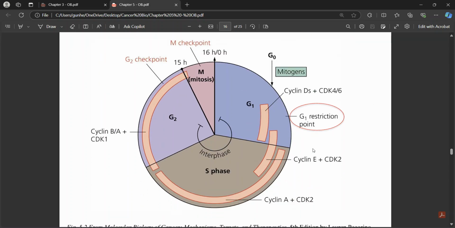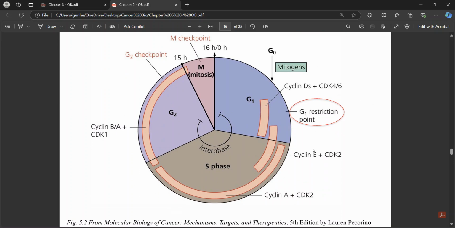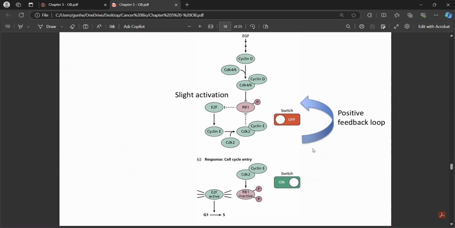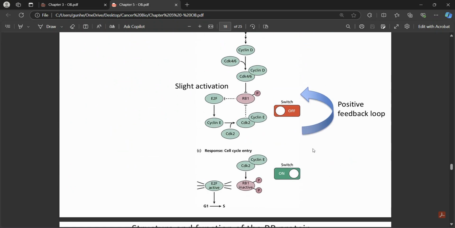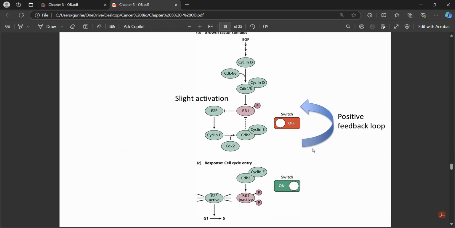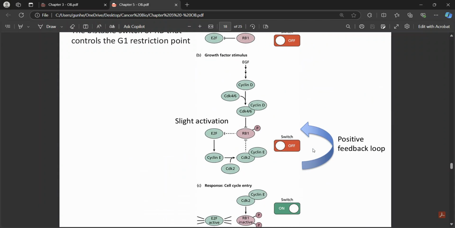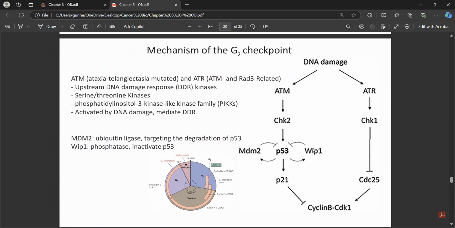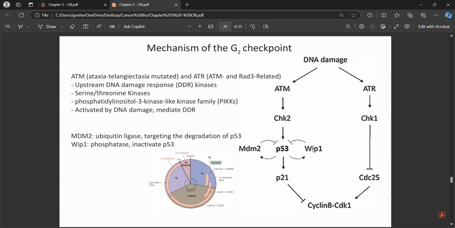And in G2, they look for DNA damage. CHK2 is the checkpoint kinase.